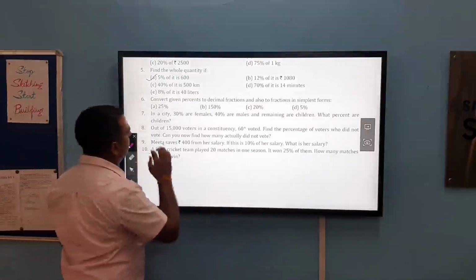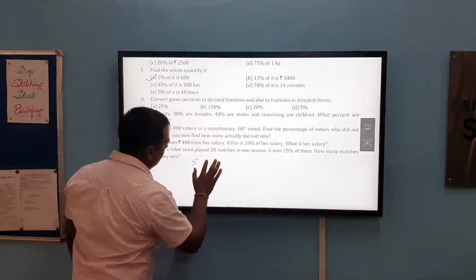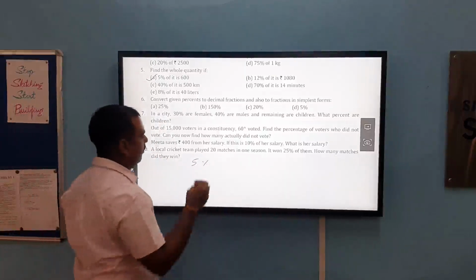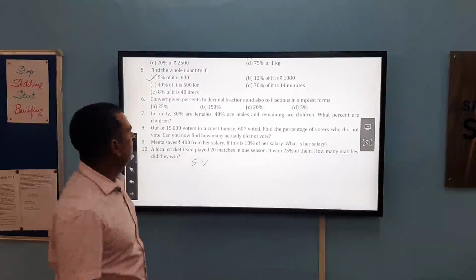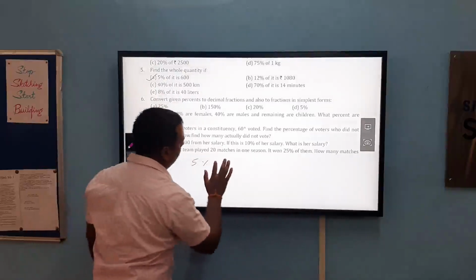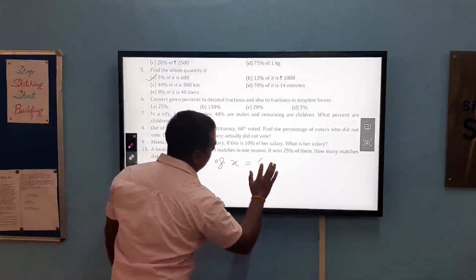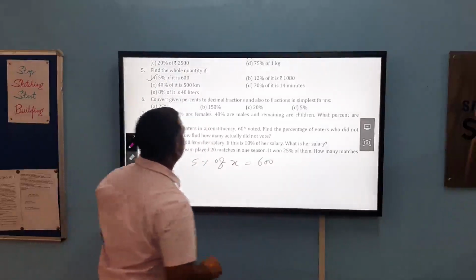We can write it as 5%. We take the whole quantity as x, y, z, anything we can take. So 5% of x is equal to 600.